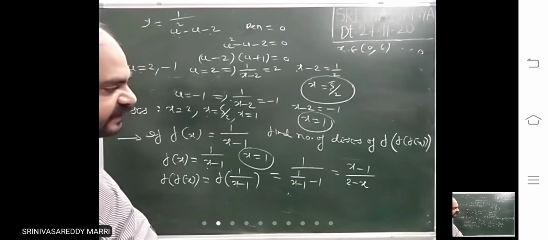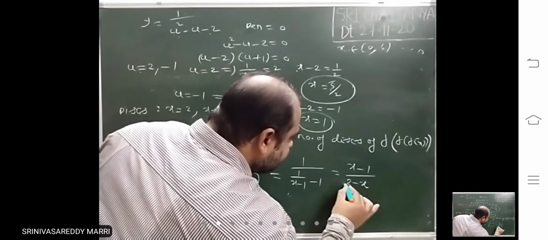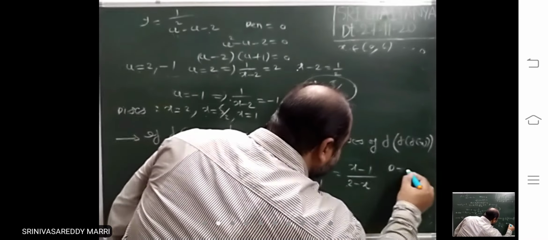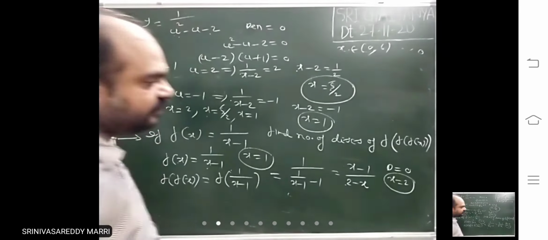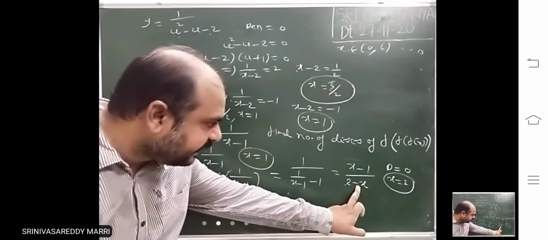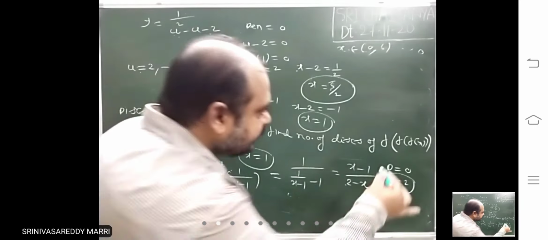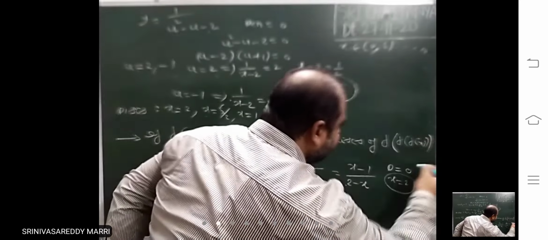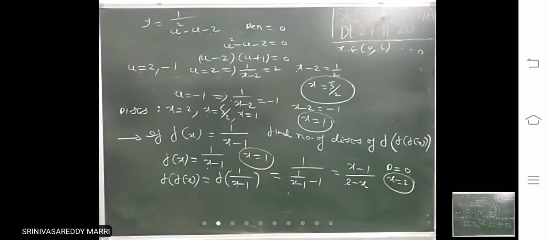Now the denominator equal to 0 gives x equal to 2. That means this will become infinity at x equal to 2, so the whole function is not continuous at x equal to 2.